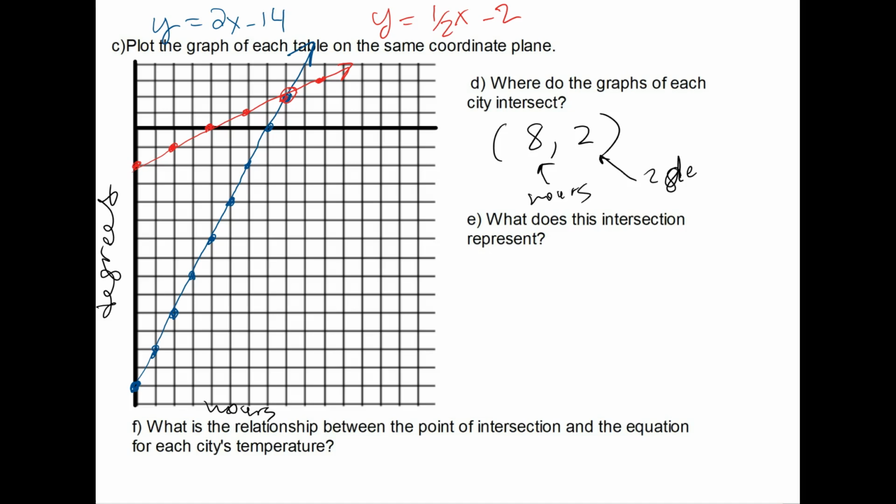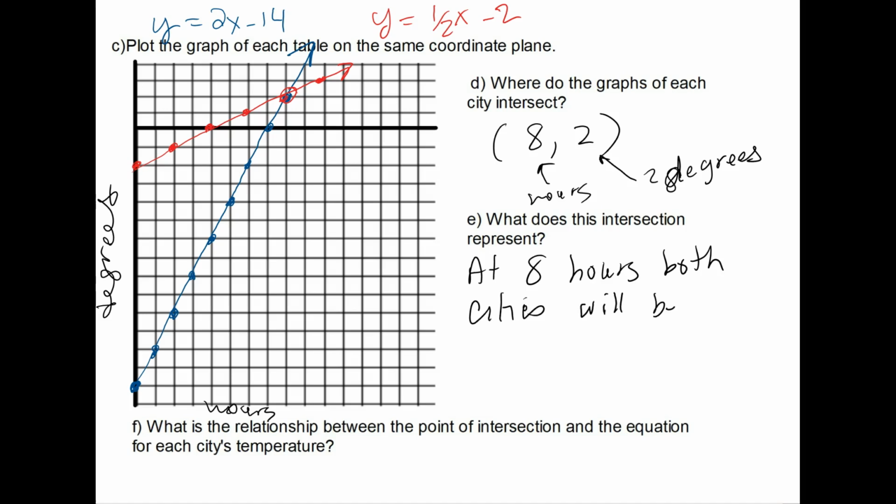I don't know what I was spelling. I'm hearing grease in my head. At 8 hours, it will be 2 degrees. What does the intersection represent? At 8 hours, both cities will be 2 degrees.